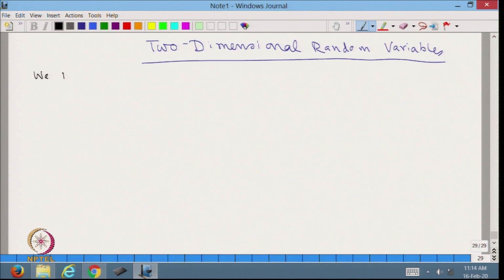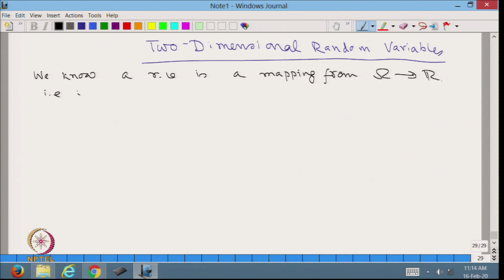We know a random variable is a mapping from omega to real line.